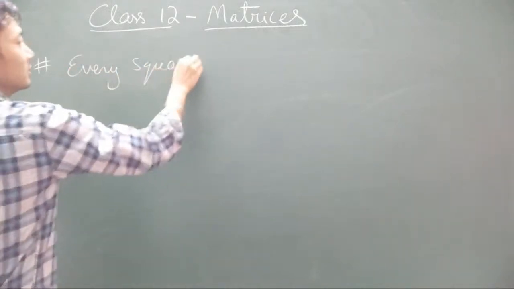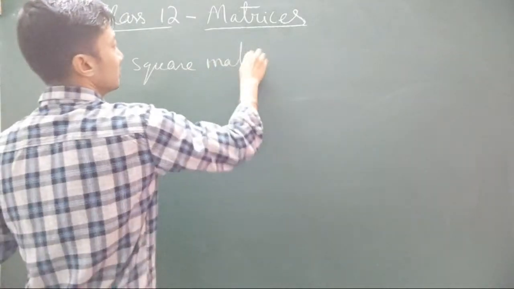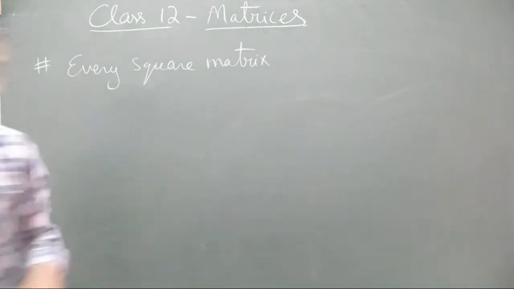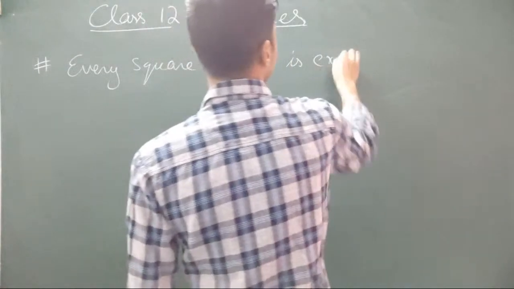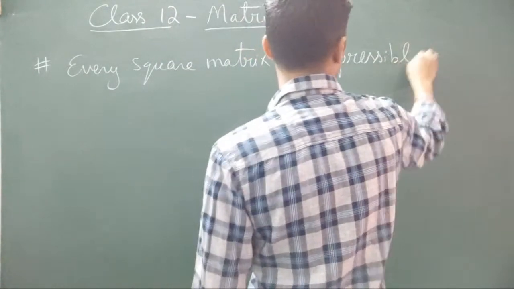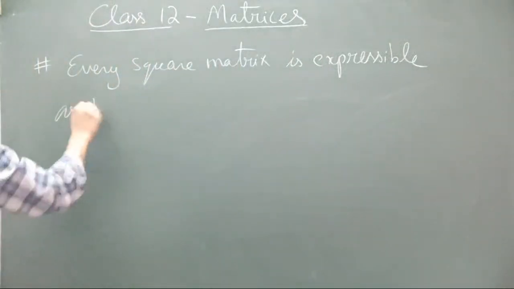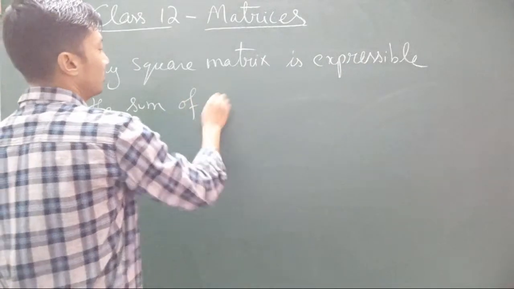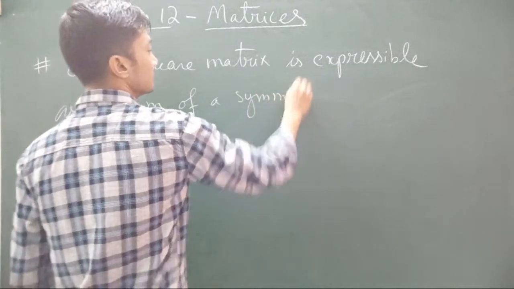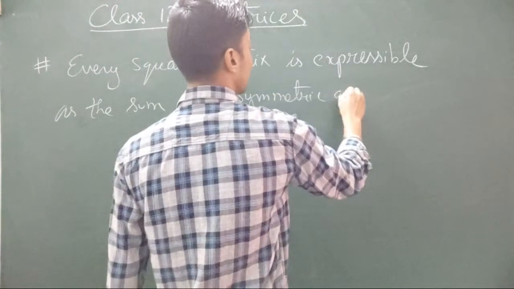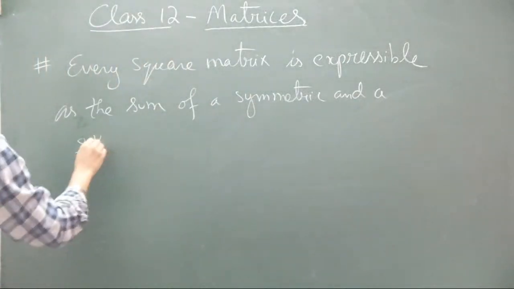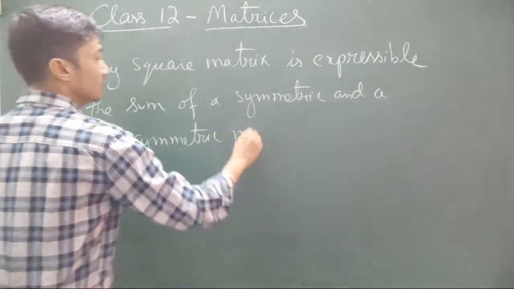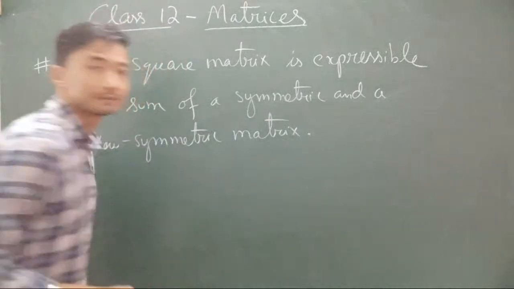Every square matrix is expressible as the sum of a symmetric and a skew-symmetric matrix.